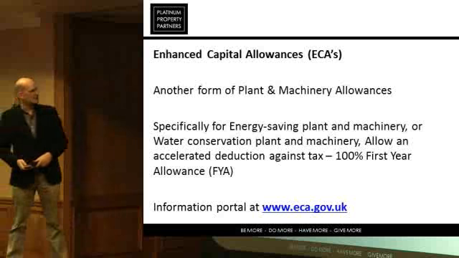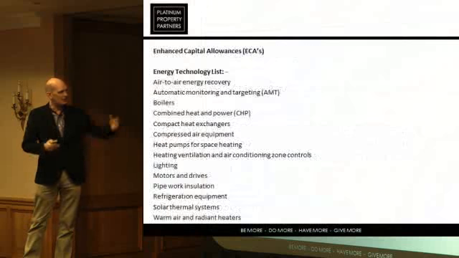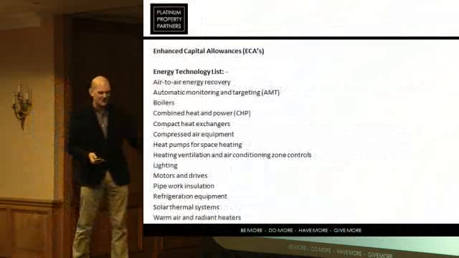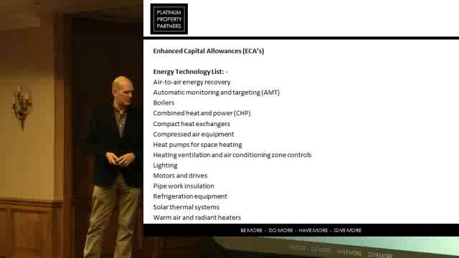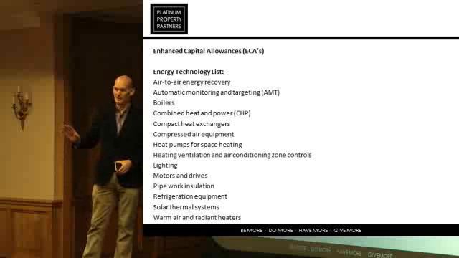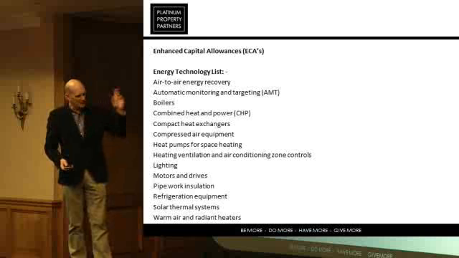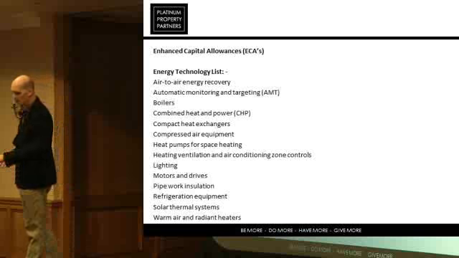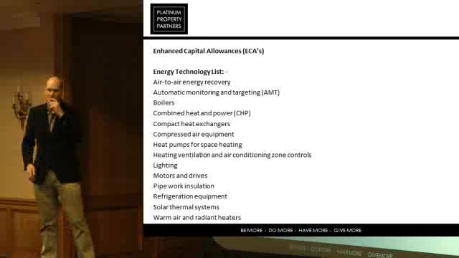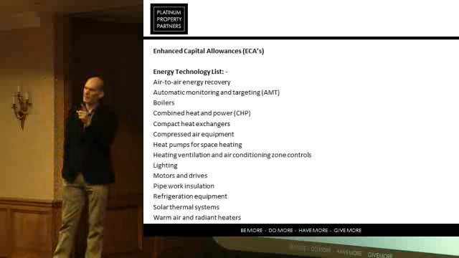So they're enhanced capital allowances. They form a long list of all these things. Just go and have a look at the website. I'll warn you, it's not that exciting, but there's lots of information on there. There's a list of all these technologies, and also there's items which aren't on the list. How are you supposed to know what's not on the list?